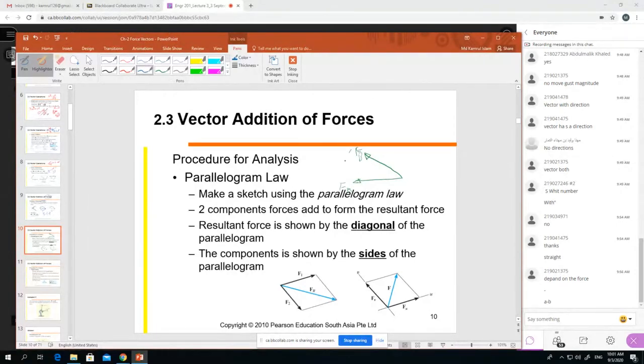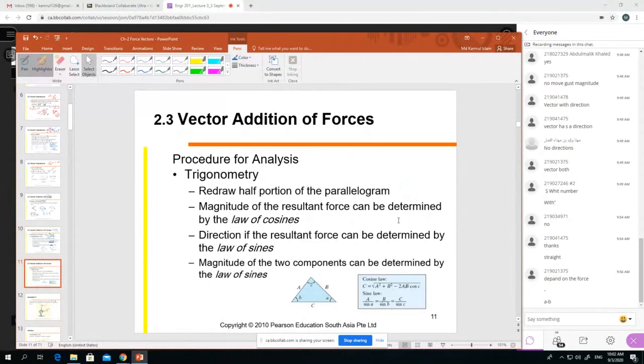We draw a line parallel to this one and a line parallel to this one, and then our resultant will be this line. The diagonal will be the resultant. So the resultant will be R equals F1 plus F2.